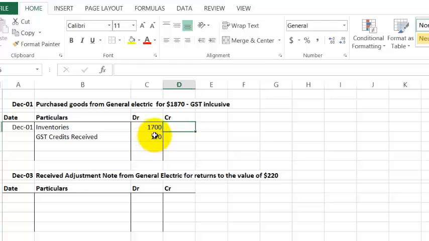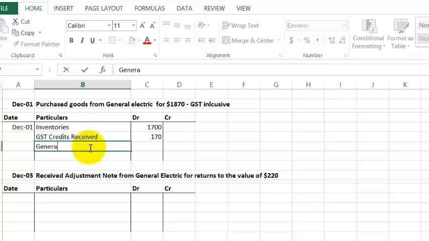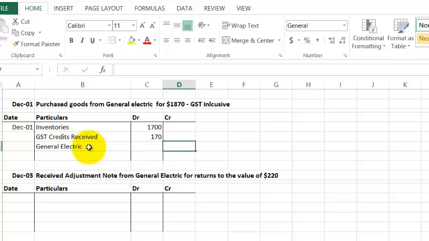The seller, they put on the GST component, so the total that we have to pay is $1,870. In this instance, it was a supplier that we haven't paid yet, so it is a liability that appears on the credit side for $1,870.